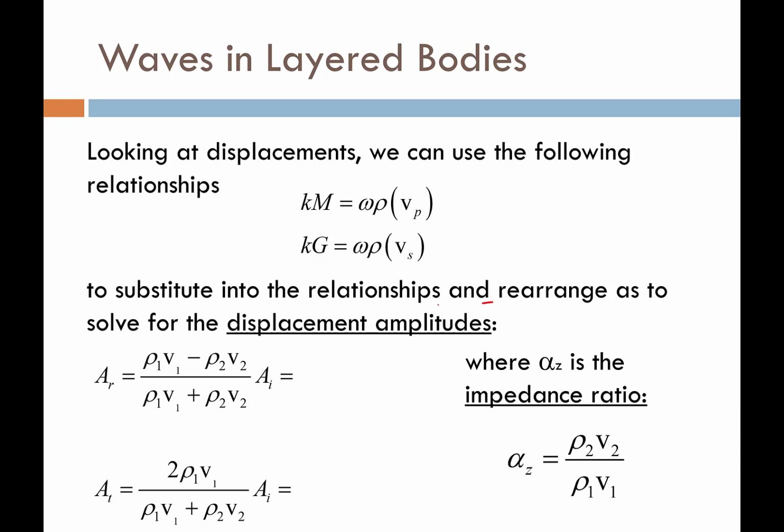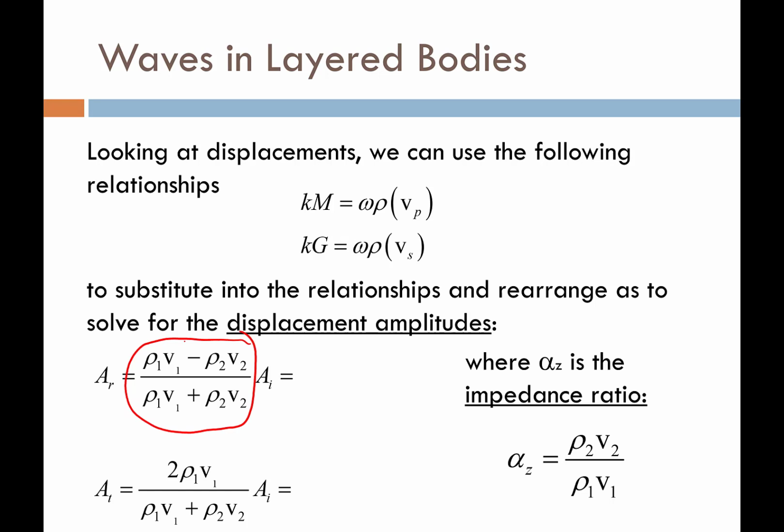So let's focus on displacement amplitudes first, okay? What this means is if I want to know the displacement amplitude of my reflected wave, the wave that bounces back from the boundary, it's going to be equal to this ratio here of these different dynamic properties.